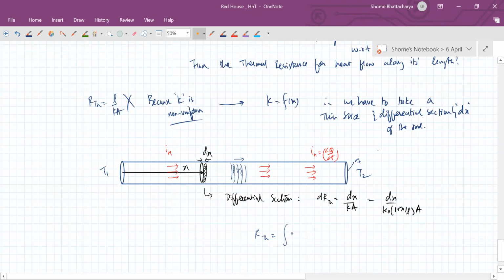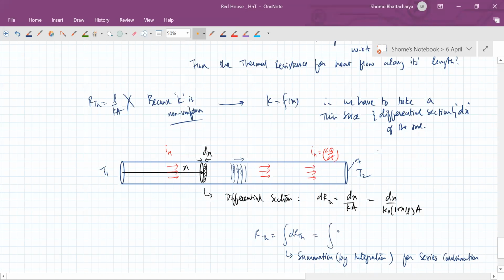So that will become integration of this. So this is summation by integration for the series combination of these sections.